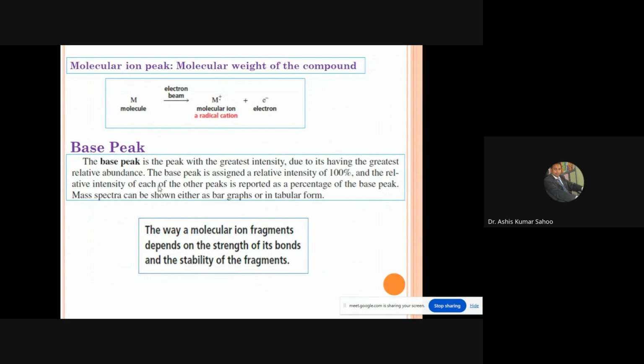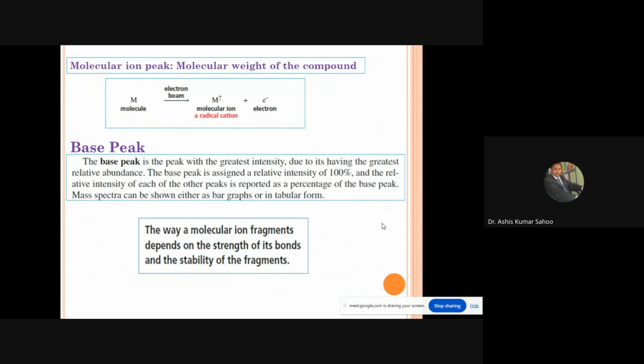So the base peak is the peak with the greatest intensity, and this will be the highest peak due to its having the greatest relative abundance. The base peak is assigned a relative intensity of 100%, and the relative intensity of each of the other peaks is reported as a percentage of the base peak.